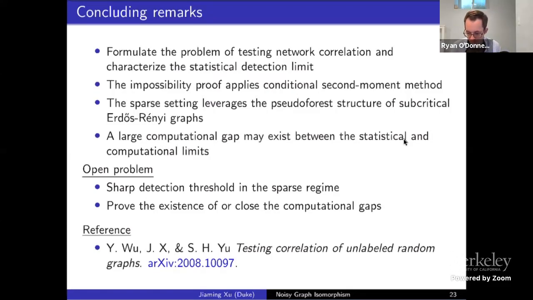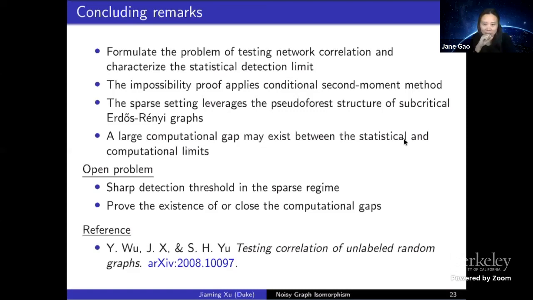Hi. I just wonder if this strong detectability property has the following convex property. If I'm giving you two probabilities, P1 and P2, say they are asymptotically the same, and you have G(n, P1) and G(n, P2).